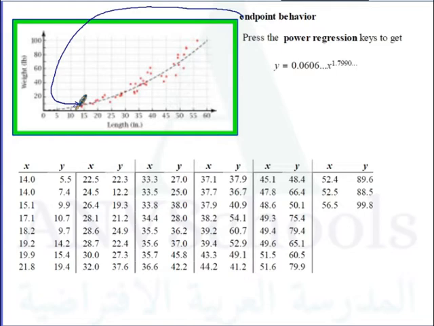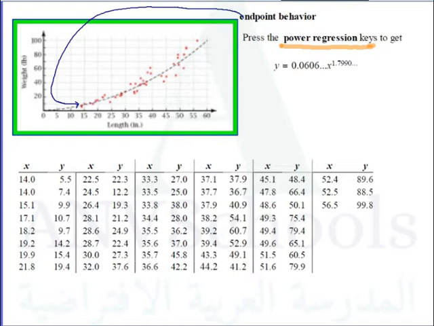If you press the power regression keys in your graphics calculator, remember that your grapher is capable of running the regression analysis.